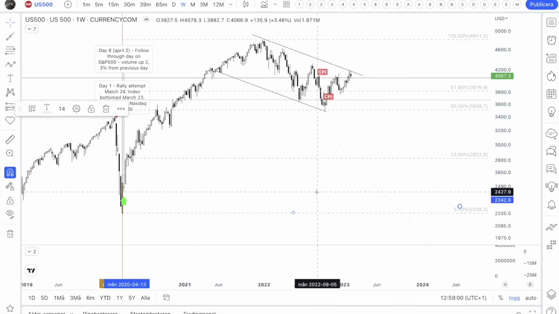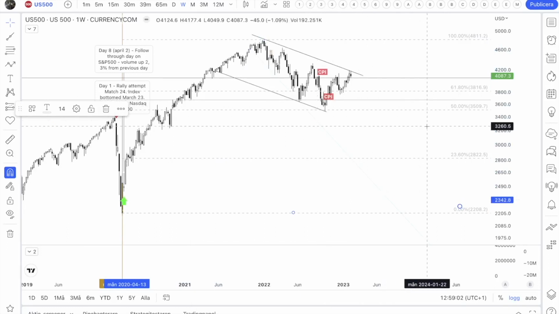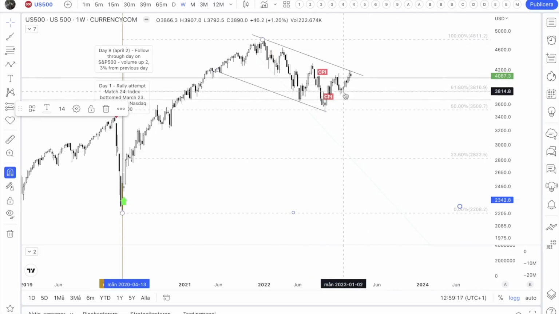Those are my main ones. Usually I also have 40, and I often have 60, 40 and 50, not thinking that it's as exact as 61.8. There are going to be other areas of confluence that will affect it as well.